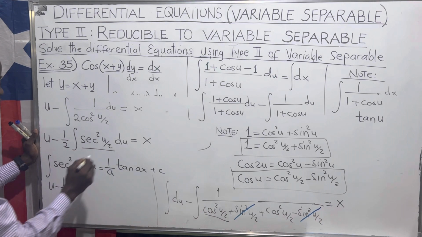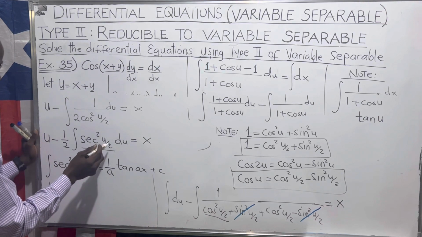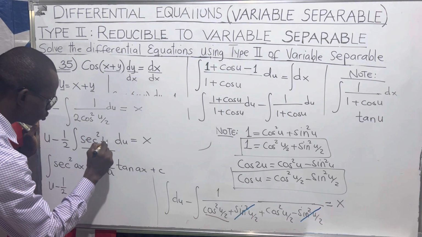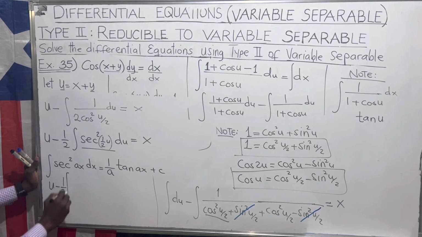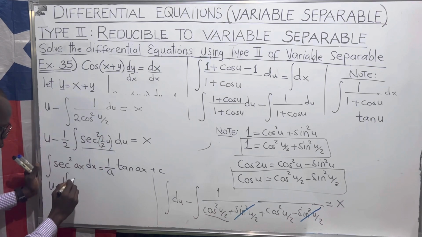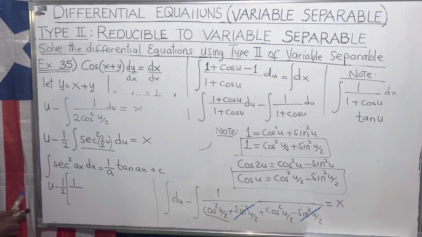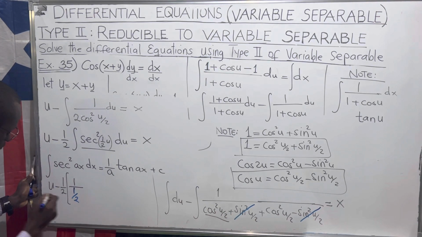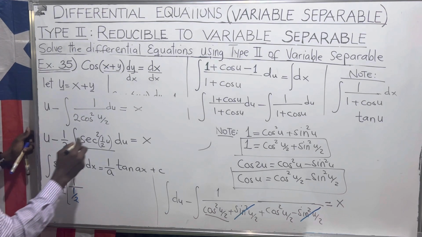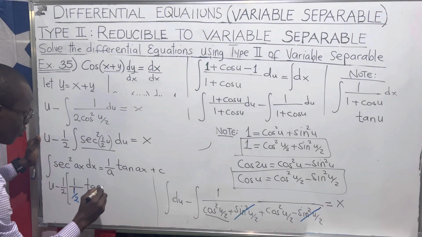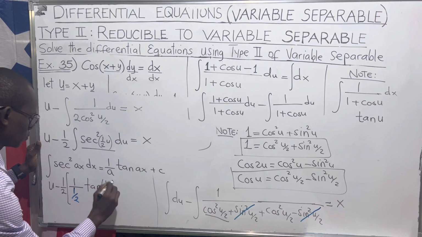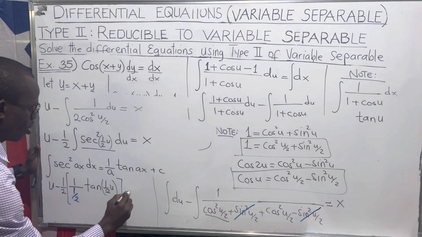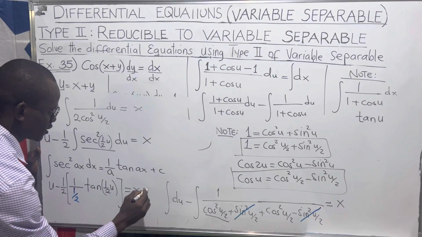So the integral of this is now 1 over a, and a is 1 over 2, tangent of a again, which is 1 over 2 u, all equals x plus some arbitrary constant c.